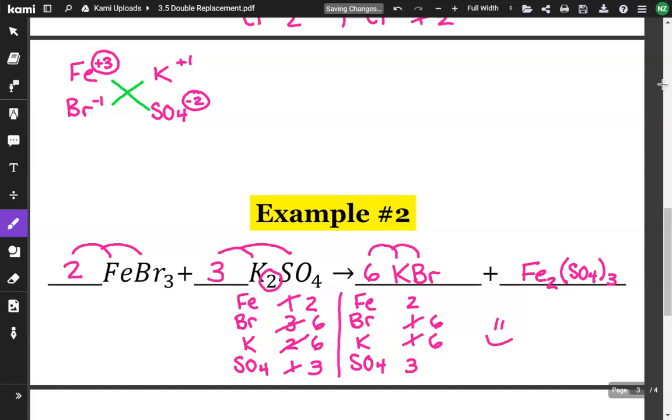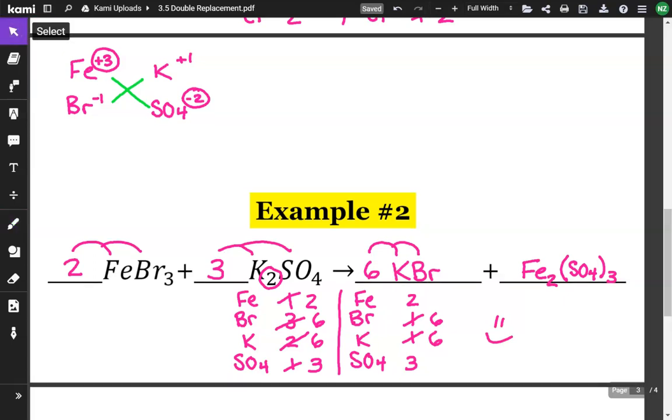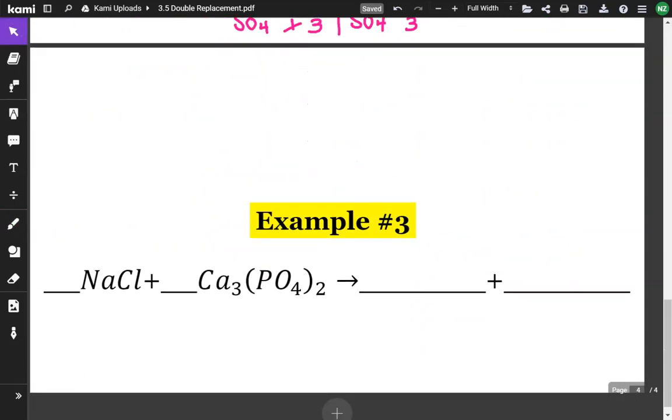All right, I think we have one more on here. So again, let's write out our charges. We have sodium, chlorine, calcium, and phosphate, PO4. Sodium is +1, chlorine -1, calcium +2, and then phosphate, PO4, is -3.